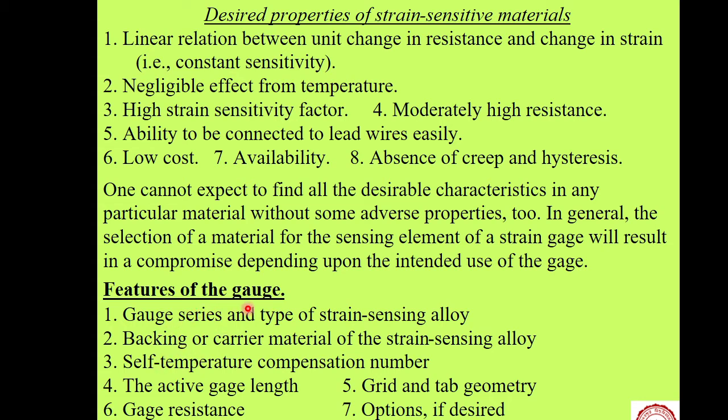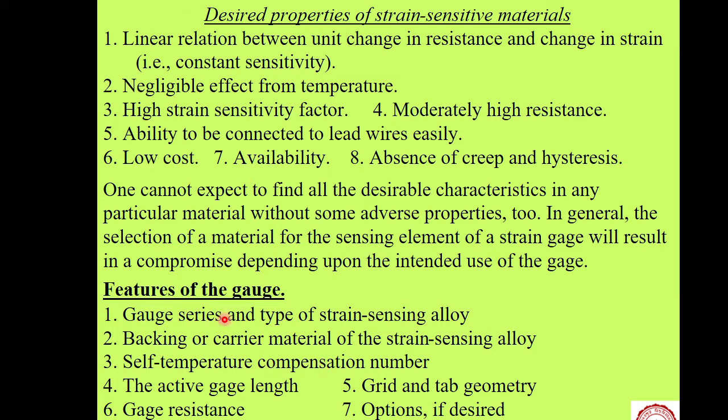So these are features. How to select a strain gauge? The gauge series, type, strain sensing alloy meaning the material of the gauge, all these things are required to select a strain gauge.